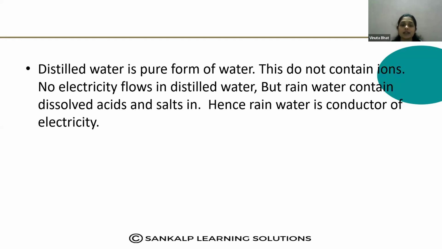But rainwater contains dissolved acids and salts. Hence, rainwater is a conductor of electricity.